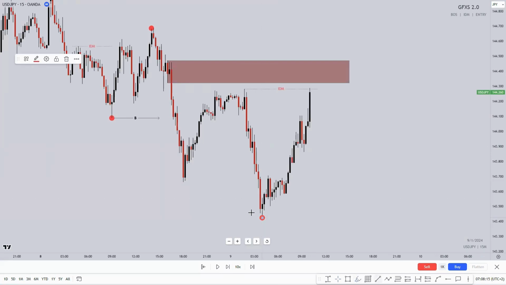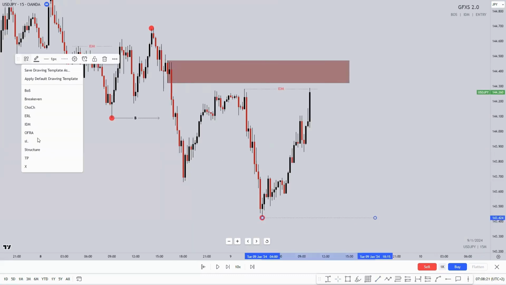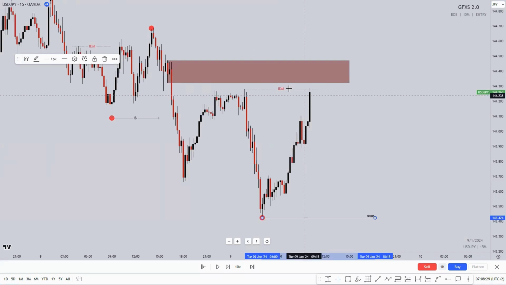So I started looking for selling opportunities to come and take this low because this aligns perfectly with our downtrend. Do not forget that this zone aligns perfectly with our golden zone.